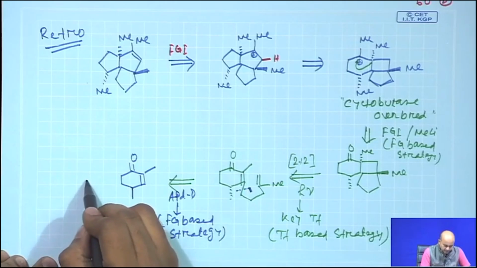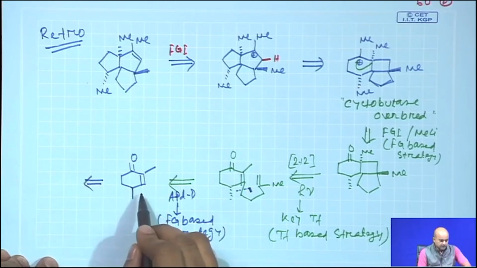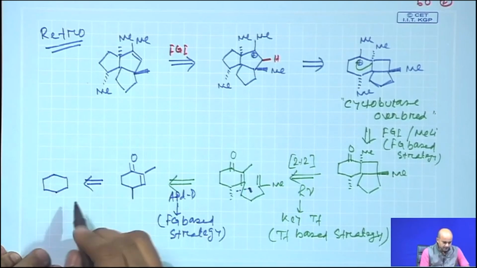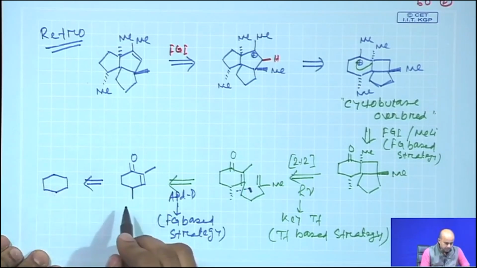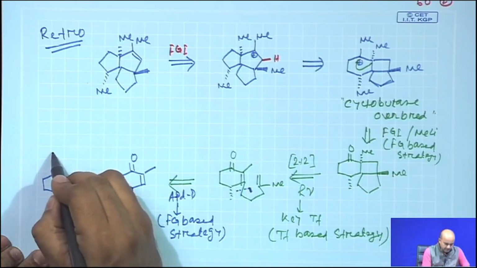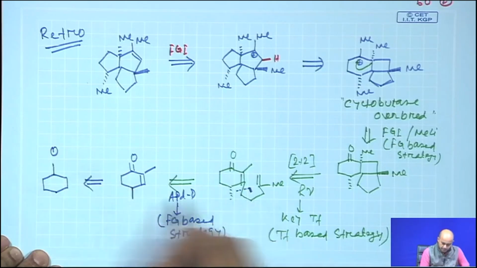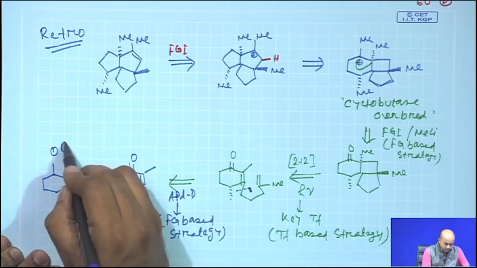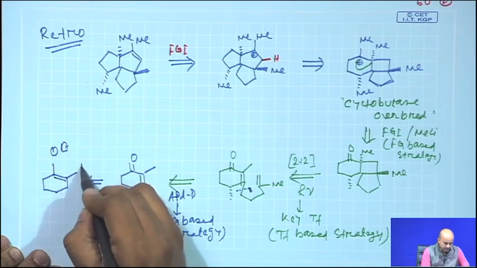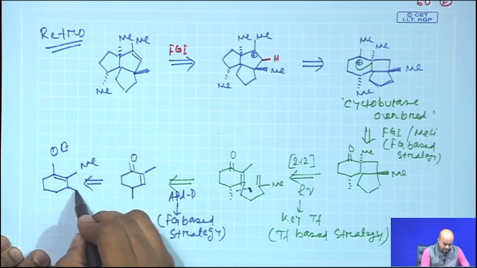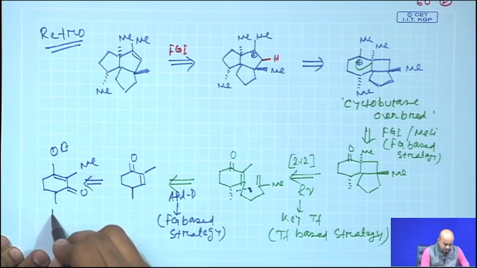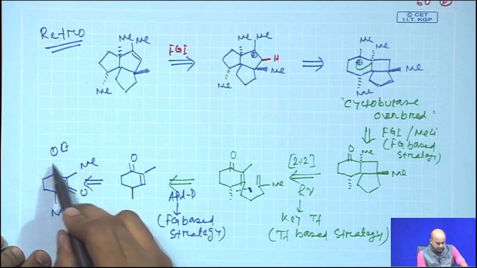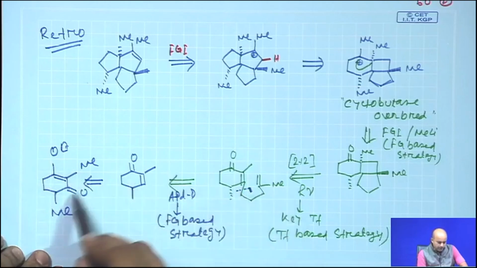Now, we are saying that this particular compound you can easily, I mean you can basically do this entire transformation if you are having this particular 1,3 diketone derivative and you do a Grignard reaction.